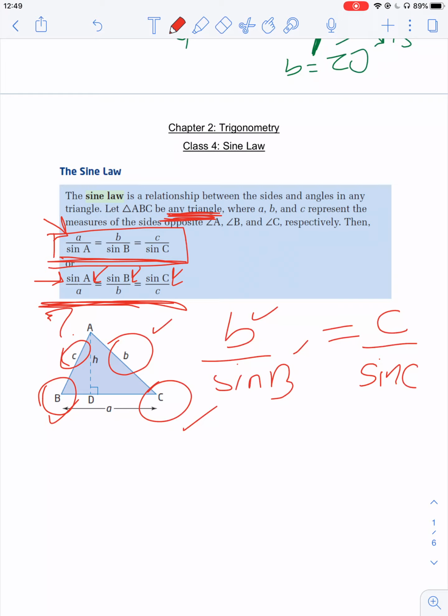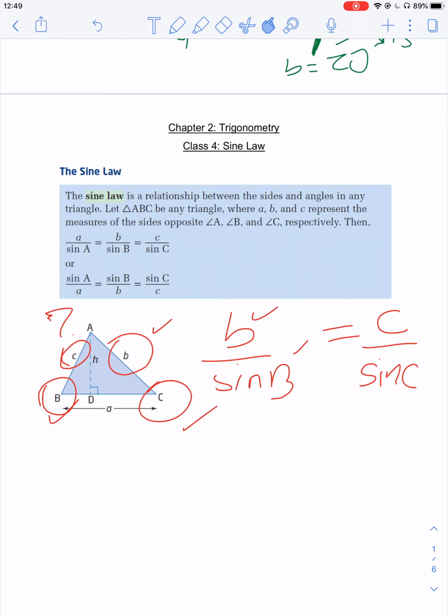So you pick whichever formula you want to use, but just be consistent with it. This will hopefully make more sense when we do some examples. So you need an angle and a side opposite to it plus something else, and it will work.